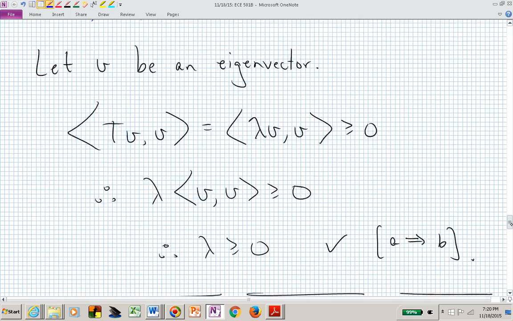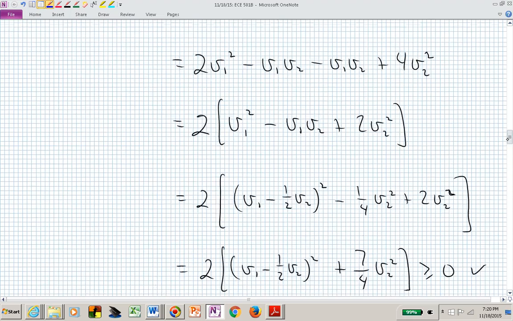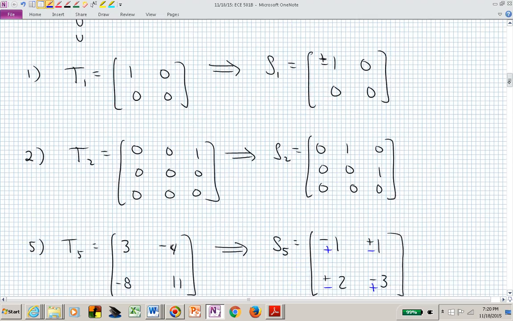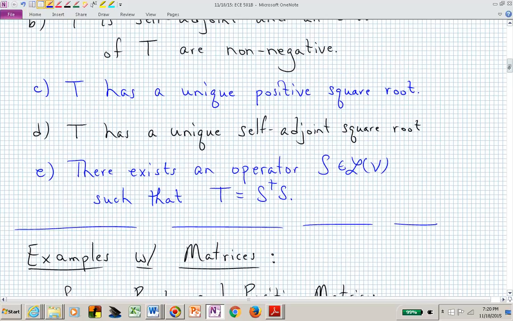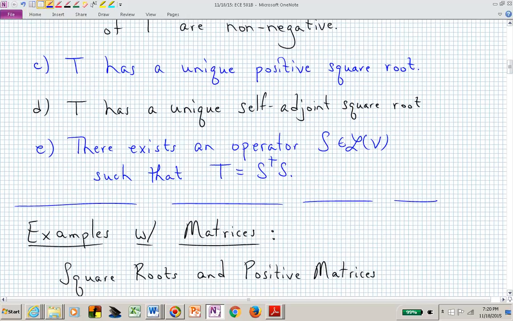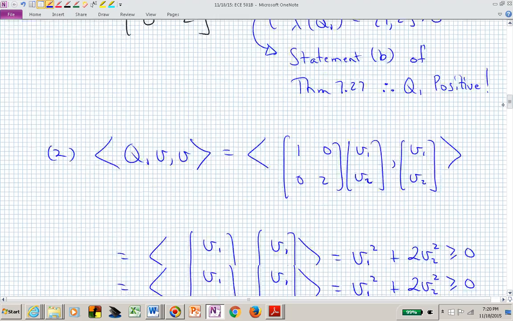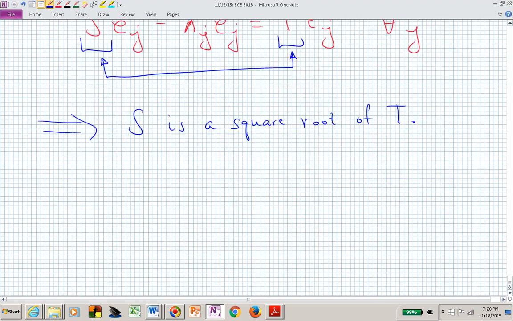So now we are trying to go from B to C, and now we've shown that we can find a square root. We want to know, is this S that we've built actually positive?